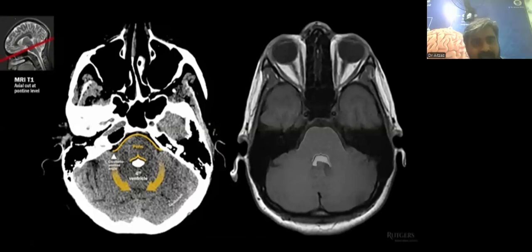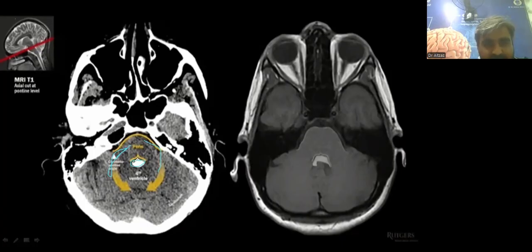Now, after the midbrain, we are at the level of pons. It is the pons. You can see how we are saying that it is a pons. This is the area of pons. And this is the 4th ventricle right now.